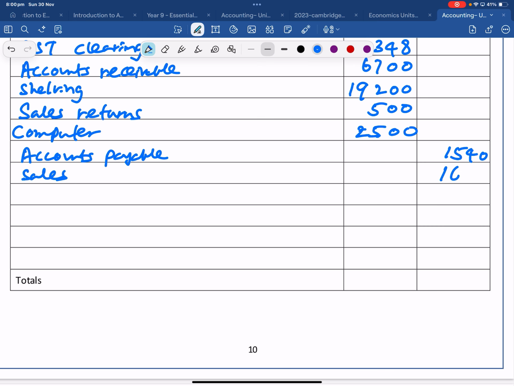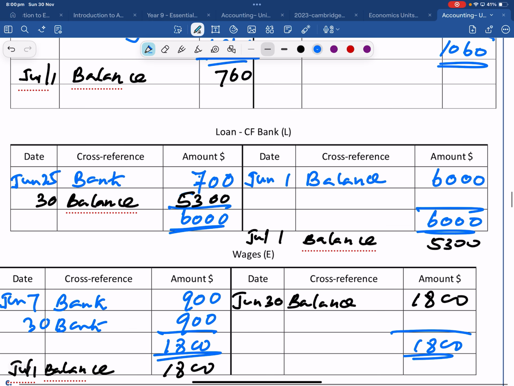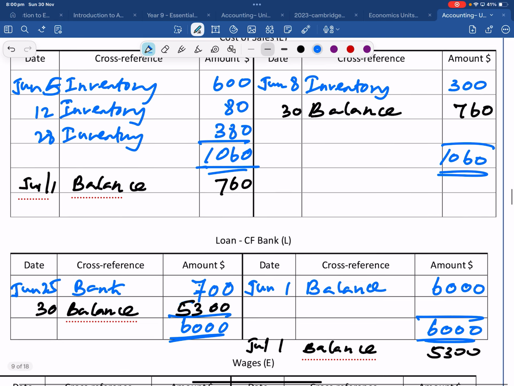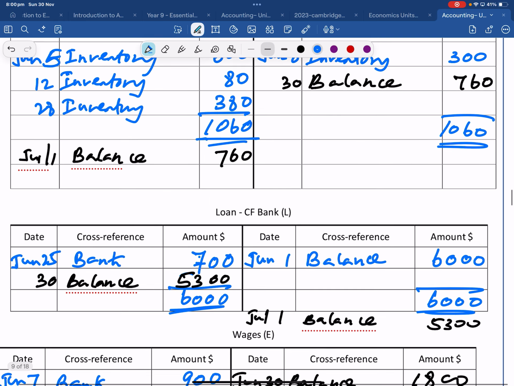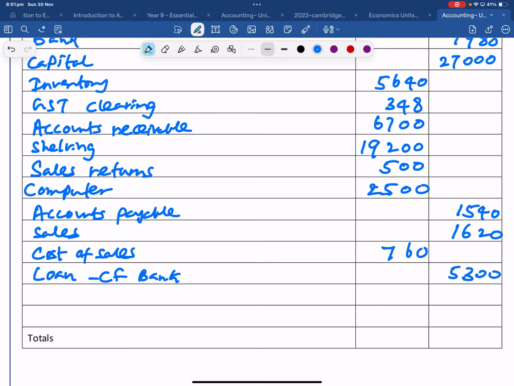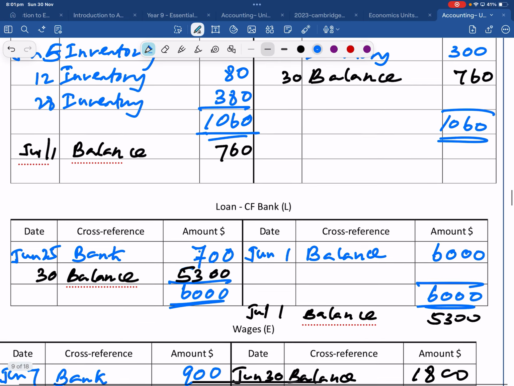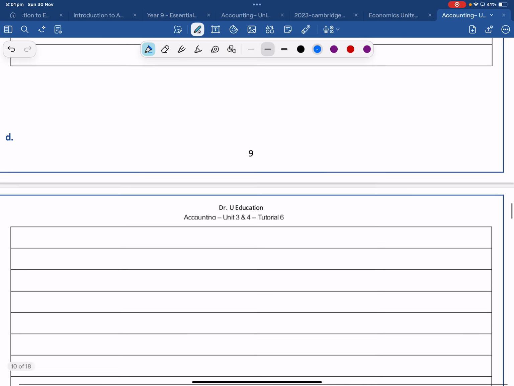Did you add another account? Then cost of sales 760, loan 5300. Wages 1800.